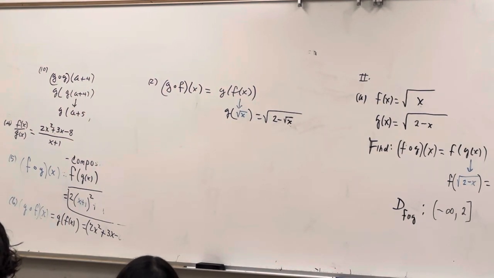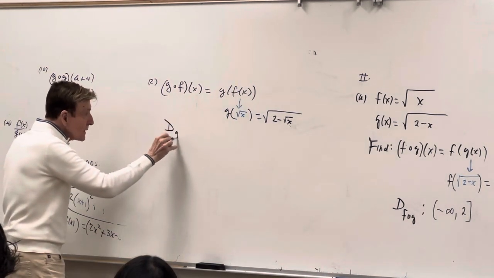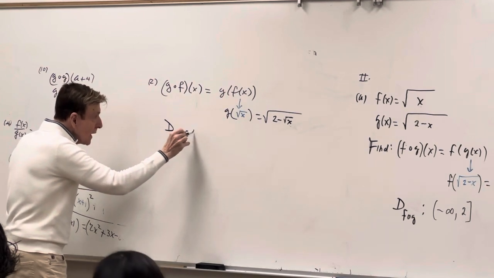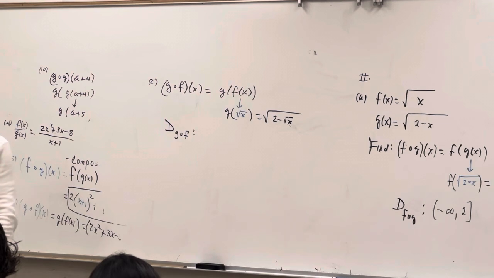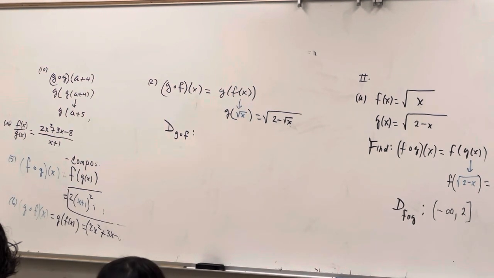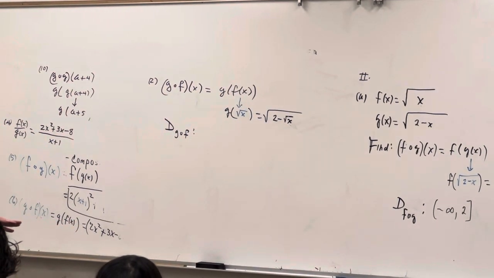Now here's the issue. I failed to ask for the domain. There's the answer. The domain on this composite. Oh, we got issues. Someone help me out with the issues. Philip, go for it. I just had a question. Oh, we got a question. Could you simplify the 2 minus square root of x?